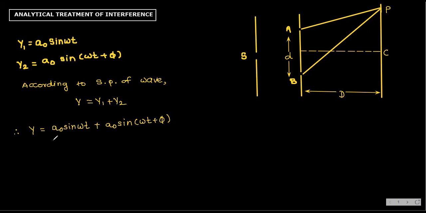I keep the first term as it is, and for the second we use the sin A plus B formula: sin A cos B plus cos A sin B. So I write A0 sine omega t cos phi plus A0 cos omega t into sin phi.